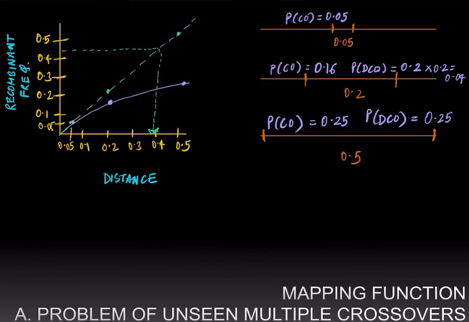If in fact we want to do a more accurate estimation of distance, instead of using this green line, we can use this purple curve, and it will give us a much better estimate of the distance between genes from recombinant frequency, because it will not be underestimating the distances between the two genes. And this purple curve is known as the mapping function.